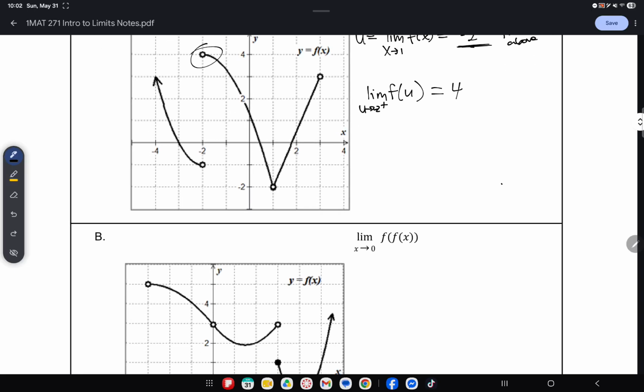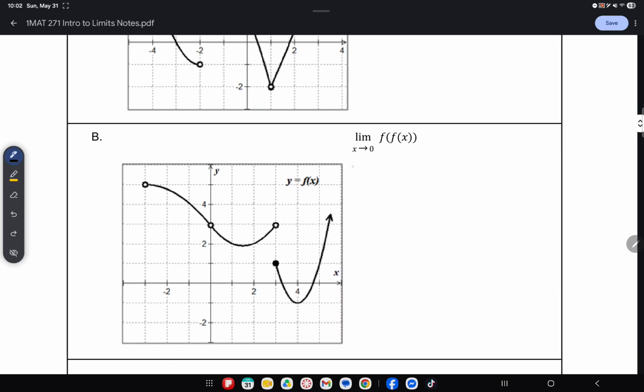Let's do it again for another one. So I want to use u as the limit as x approaches 0 for the inside function. In both cases so far, it's been f and f. We'll eventually get to one where it's like f and g.